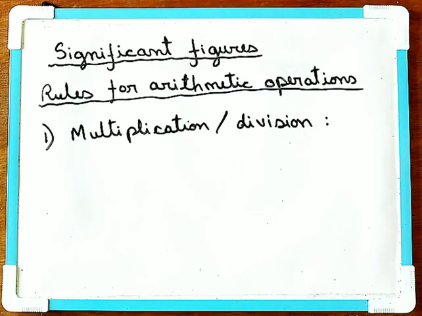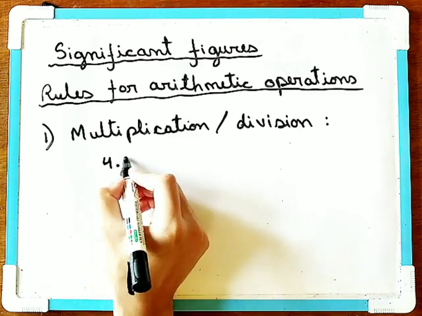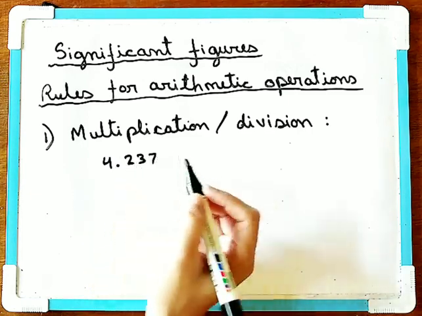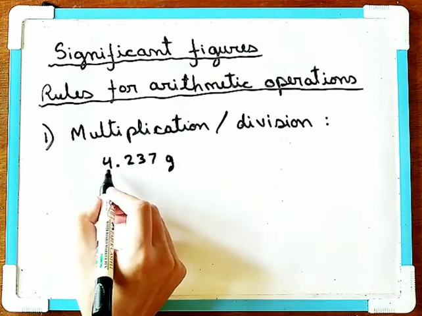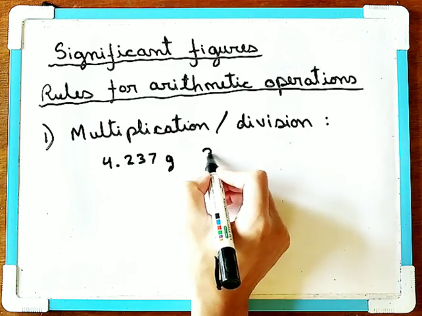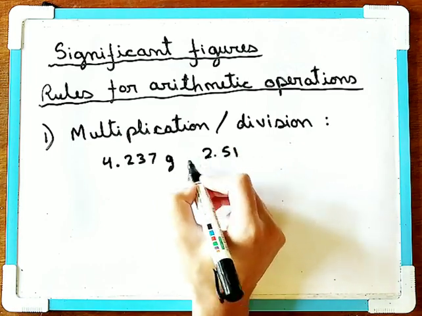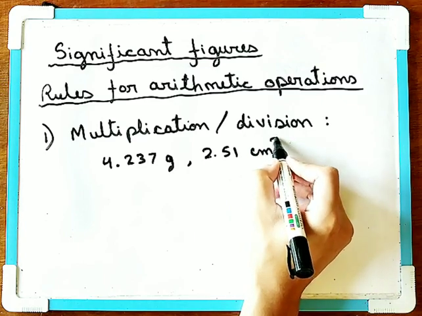In multiplication or division, I'll take just an example. If we have two quantities, say 4.237 grams, so this is the unit of mass, remember, and another quantity is 2.51 centimeter cubed.